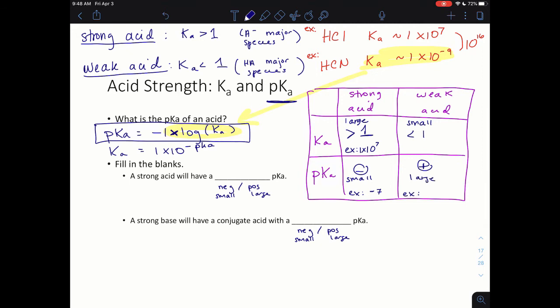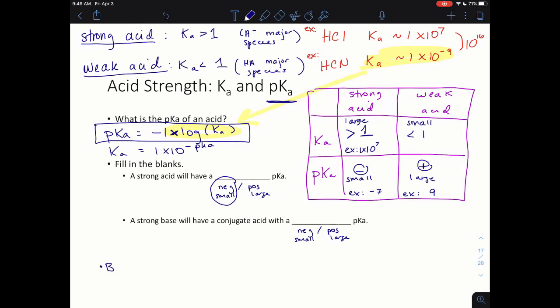For example, for HCN, the pKa would be 9. Go ahead and verify that with your calculators if you would like. So let's try to finish these sentences. A strong acid will have what type of pKa? Small or negative pKa. A strong base will have a conjugate acid with what type of pKa?